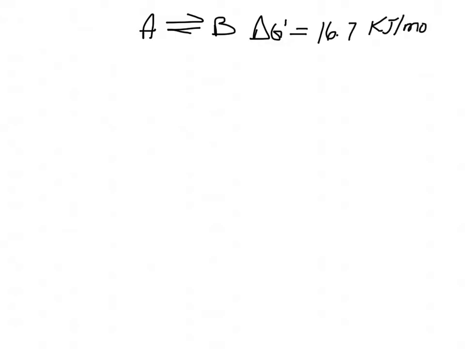I just want to show you an example of how ATP can be used to drive an unfavorable reaction. So let's say we have A and we want to convert it into B. Now the delta G for this reaction under standard conditions is 16.7 kilojoules per mole.